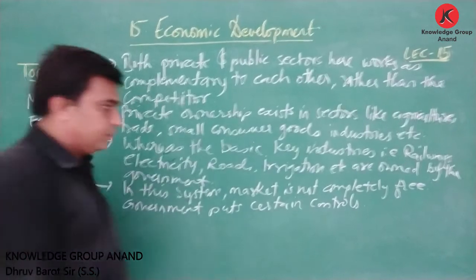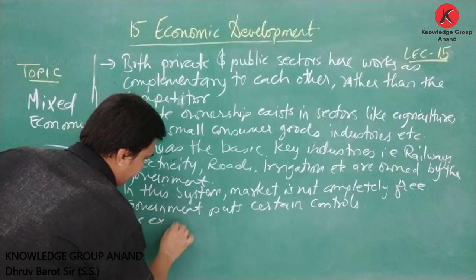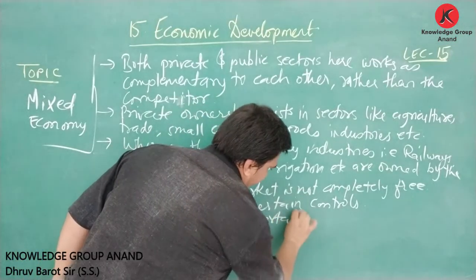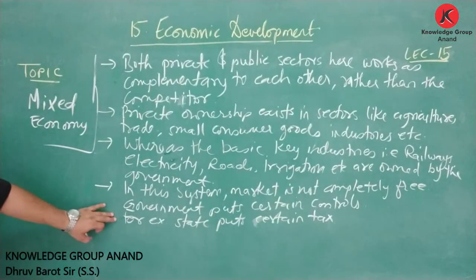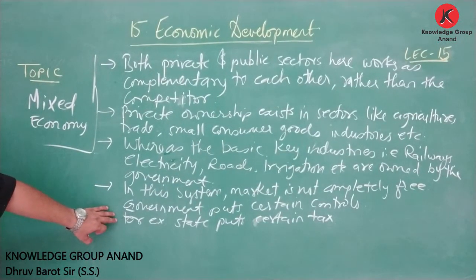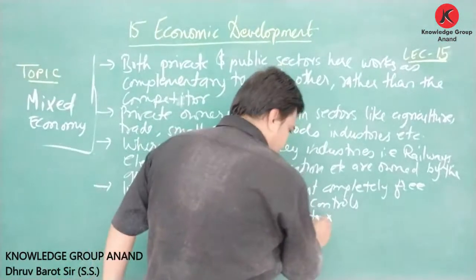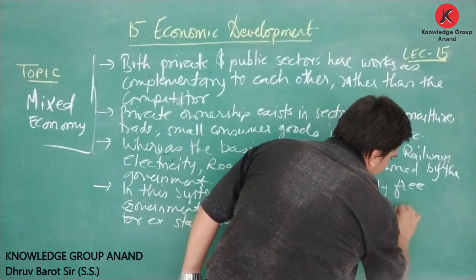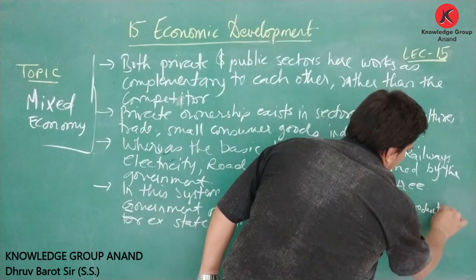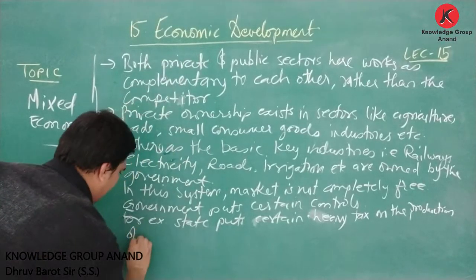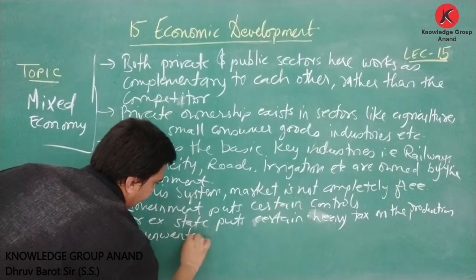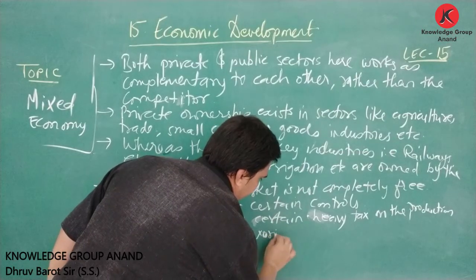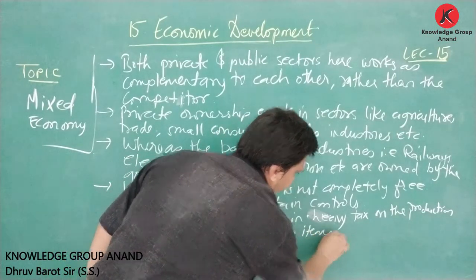For example, the state puts certain heavy tax on the production of unwanted and luxurious items.